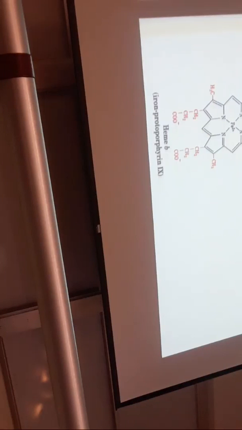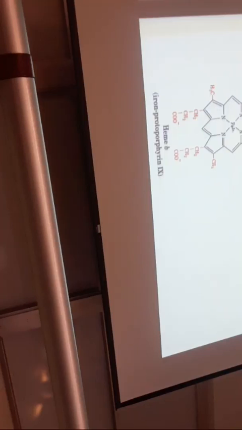It's an iron protoporphyrin 9, meaning we have a tetrapyrrole ring system, so 4 pyrroles that are bridged here by these methine bridges. We have a couple of substituents about these rings, so we form a tetrapyrrole, a porphyrin ring system, and we have 4 methyl groups, 2 vinyl groups, and 2 propionic acid residues.